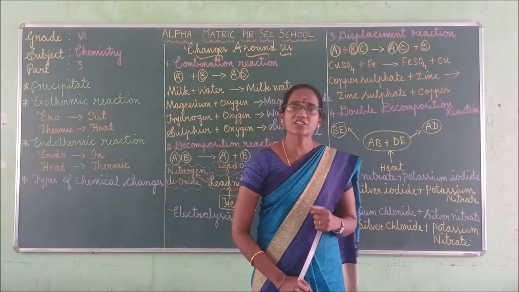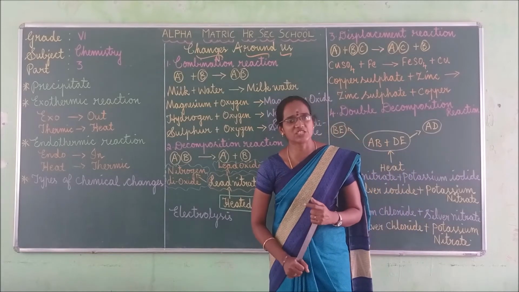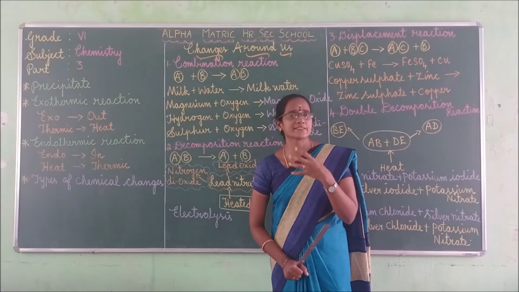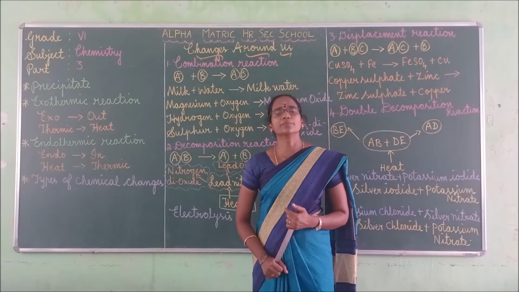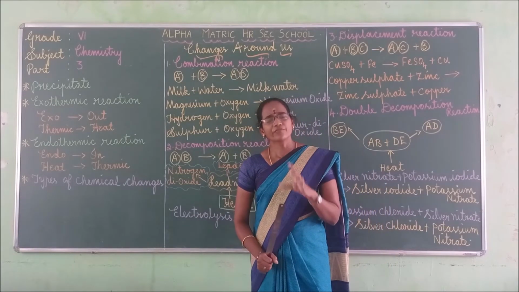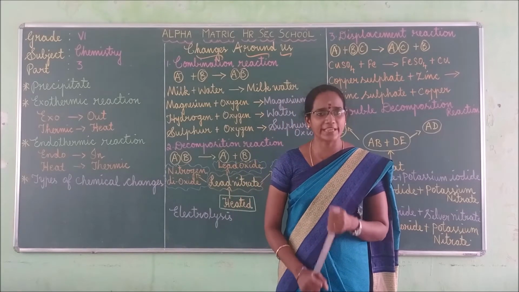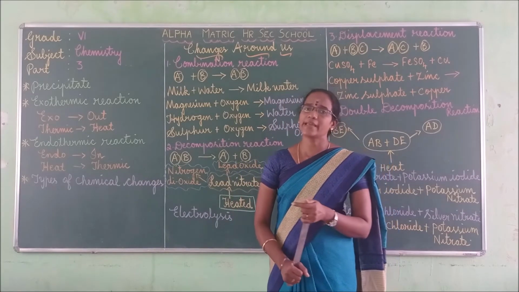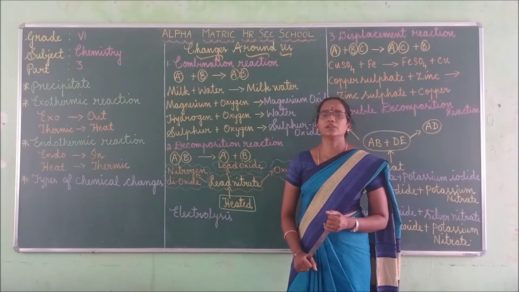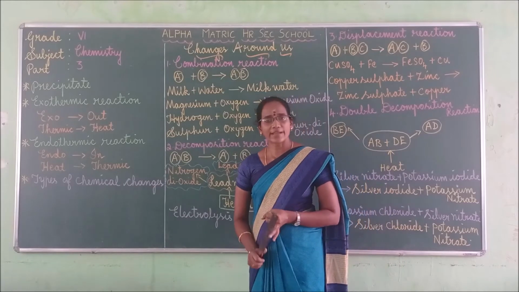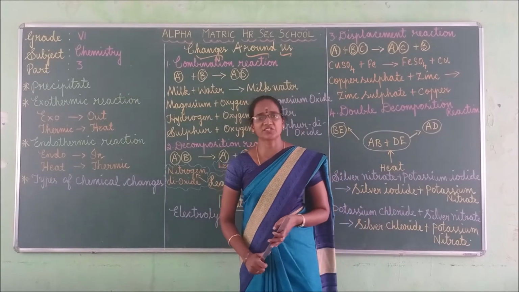What is meant by exothermic reaction? If a chemical reaction takes place with liberation of heat, liberation in the sense of evolution of heat, then it is called an exothermic reaction. For example, heating coal, fireworks, burning a candle, lighting a matchstick.